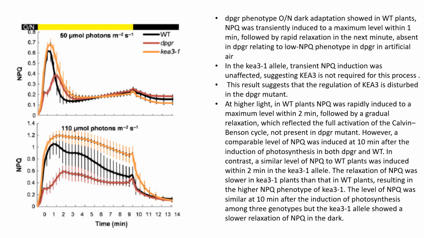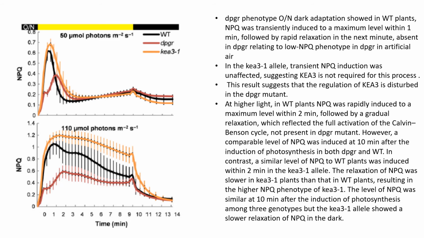If you look at the spectra, it's pretty much similar to that of the wild-type spectra of NPQ, suggesting that KIA3 is not required for this process. This result suggests that the regulation of KIA3 is disturbed somehow in the DPGR mutant.